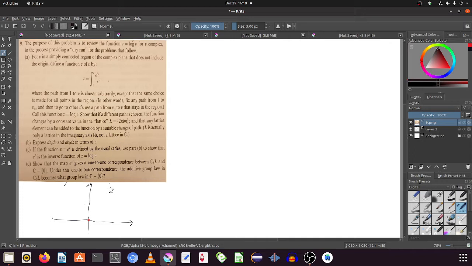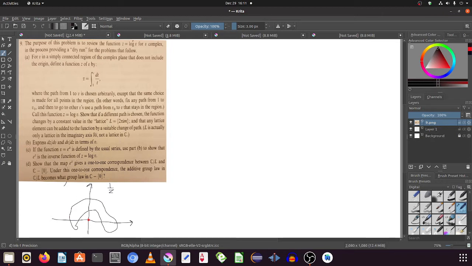And now we have a simply connected region not including the origin. For instance, this may go many ways around.